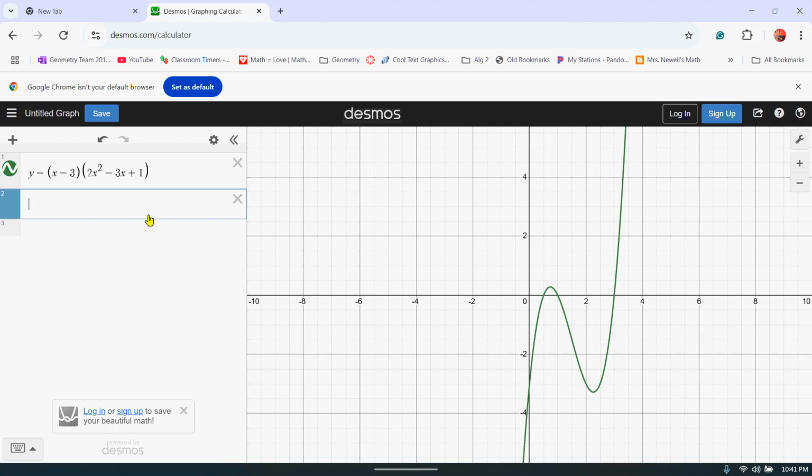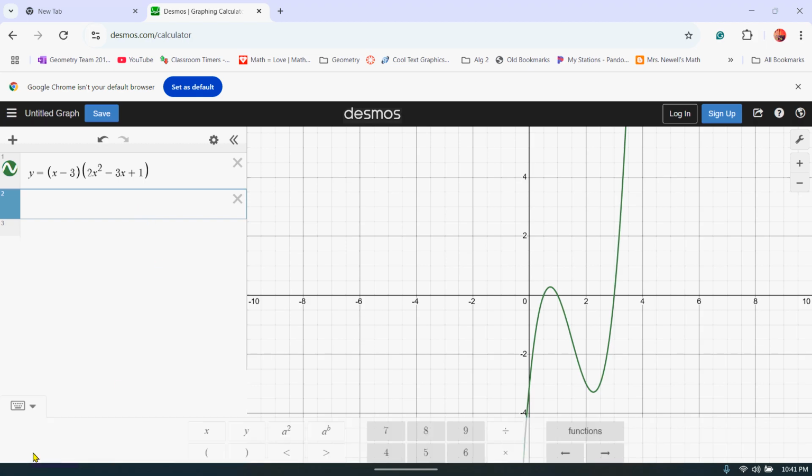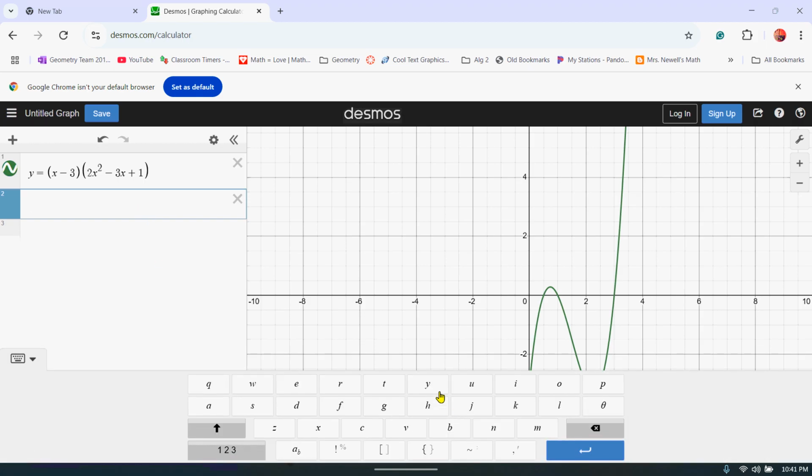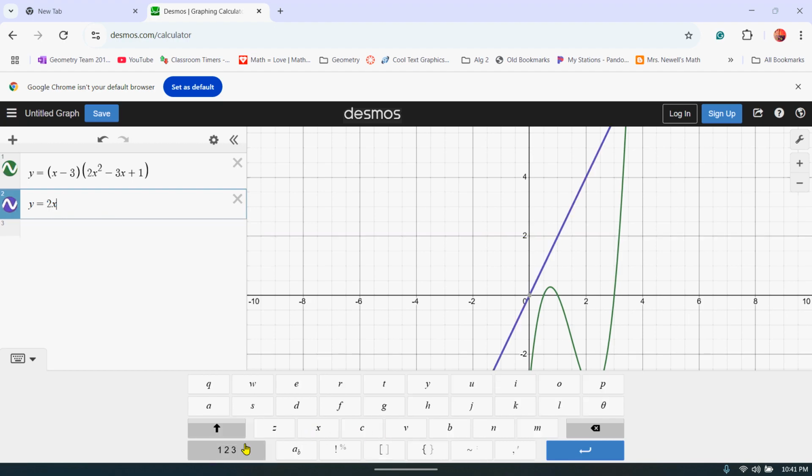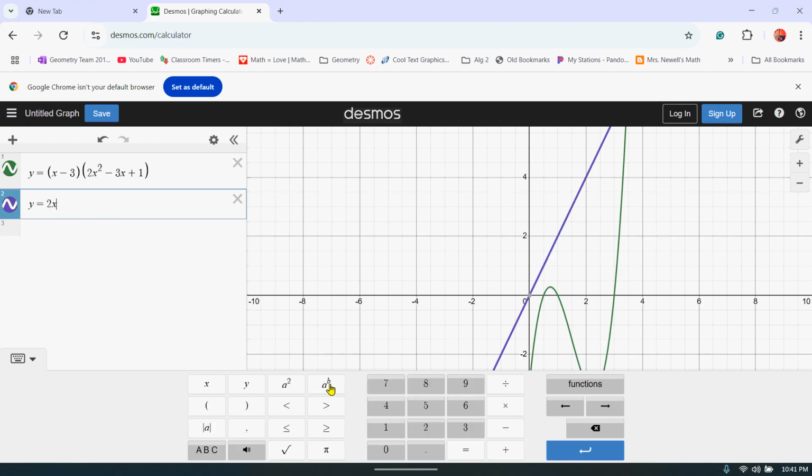So what I can do is type in the second, our answer choice. So I'm going to go to y equals here, and we're going to do 2x cubed. To do a higher exponent than a square, we're going to hit this button to get that superscript. Then we're going to arrow to the right.